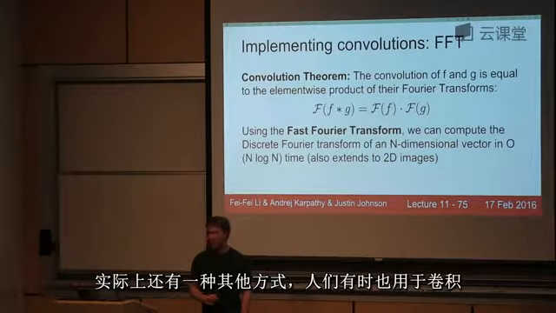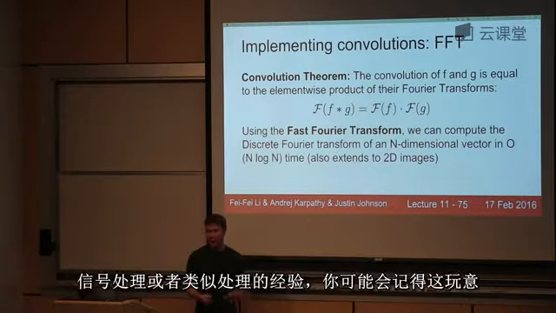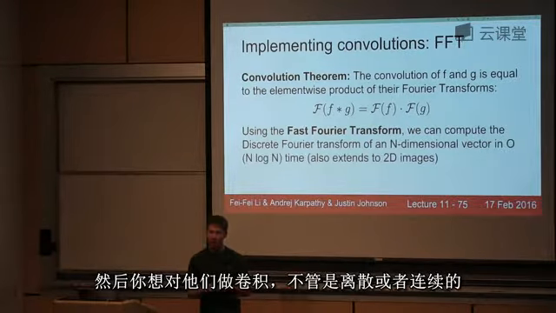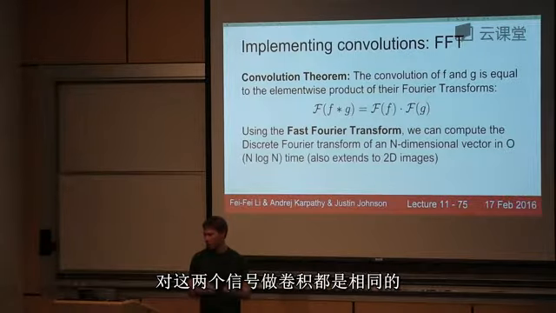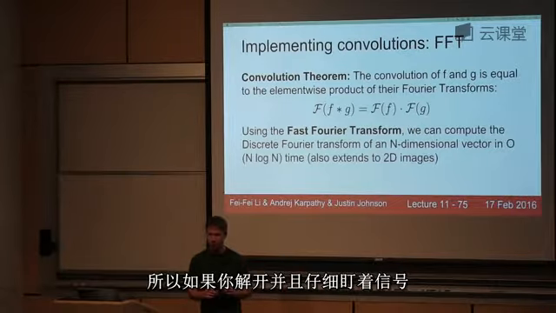There's actually another way that sometimes people use for convolutions, and that's the idea of the fast Fourier transform. If you have some memories from a signal processing class, you might remember this thing called the convolution theorem. It says that if you have two signals and you want to convolve them, either discretely or continuously with an integral, then the Fourier transform of the convolution is the same as the element-wise product of the Fourier transforms.